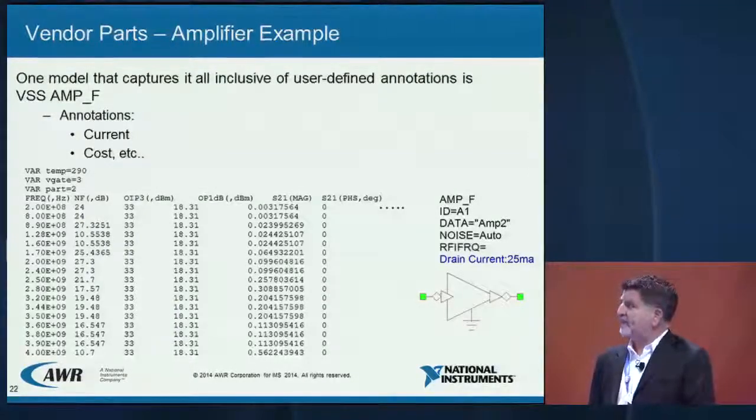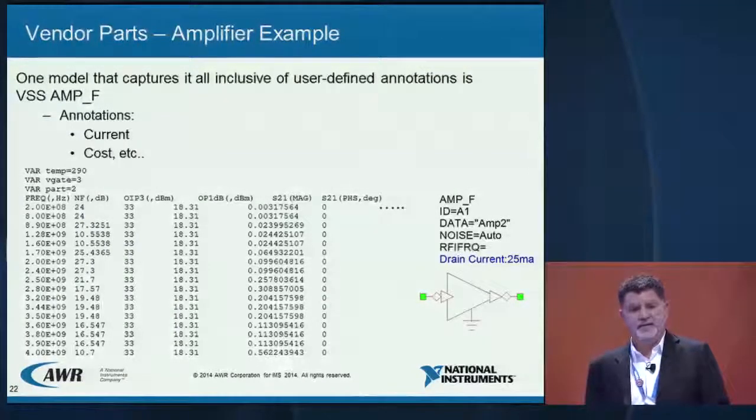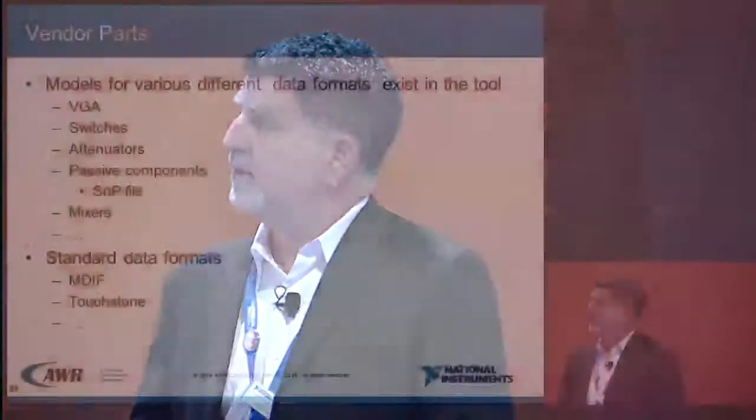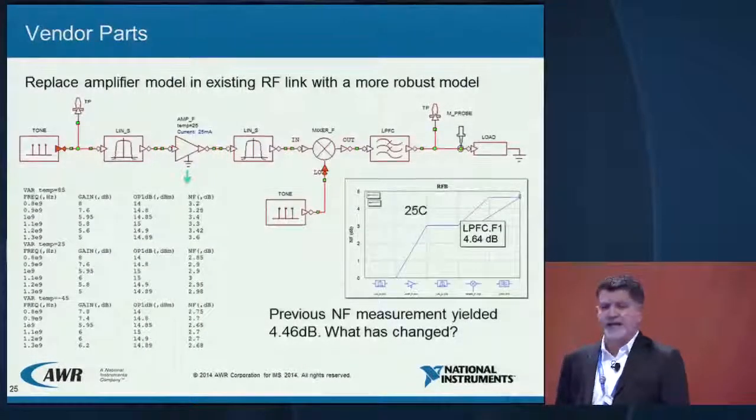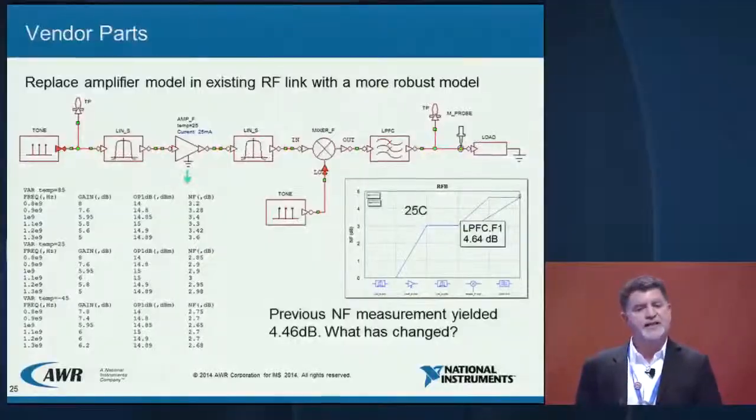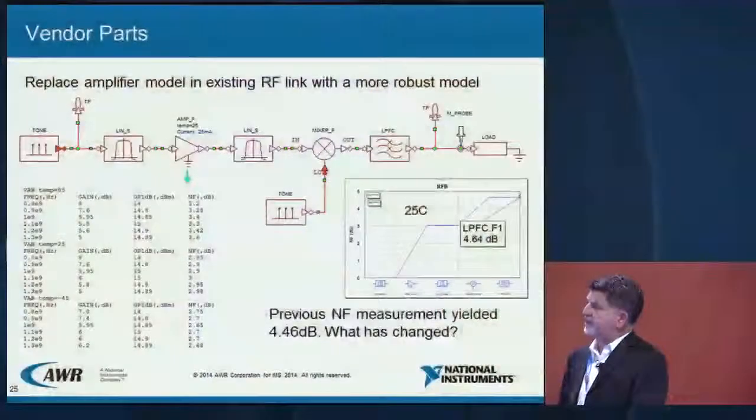We're going to go back to that design, and we're going to replace the behavioral model of the amplifier. The first model of the amplifier was a fifth order polynomial simulating the nonlinearities. We're going to replace this model with a database model, meaning that it's going to reference a data file. You as a user accumulate this information and create a text file for the VSS model to understand.